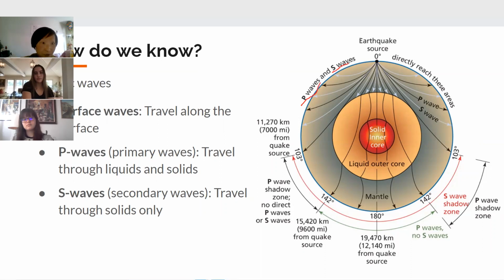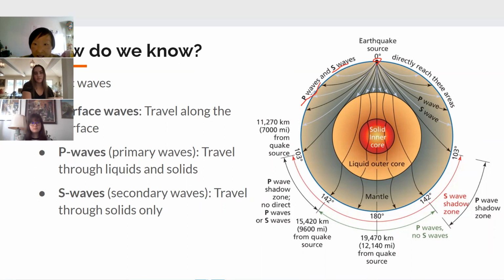When you have an earthquake at a certain location, those P waves and S waves, also called body waves because they can penetrate through Mother Earth, the body, behave differently.